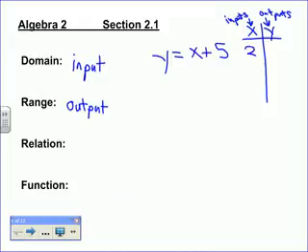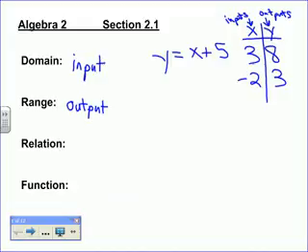So if I do an input of, we can do any number we want, if I do an input of 3, what's the output for that machine going to be? 8. Good. If I input -2, yeah. So input is what we're plugging in for x.